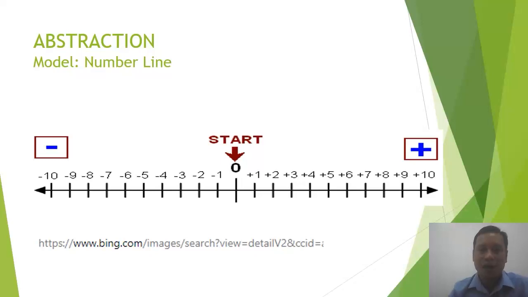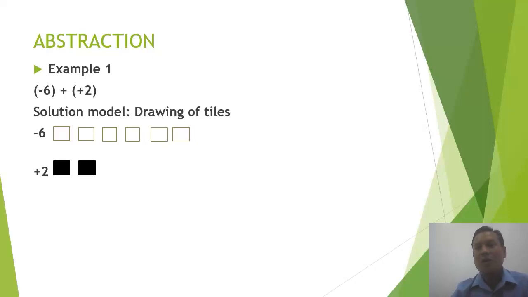Aside from the tiles, we can use number line. So just a reminder, when we use positive integers, we count the units moving to the right. So for example, if our integer is positive 4, we count 1, 2, 3, 4. And negative integers move to the left.